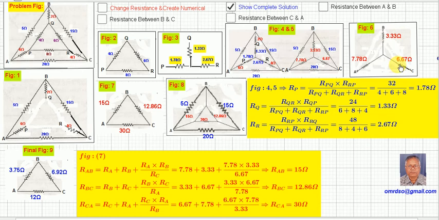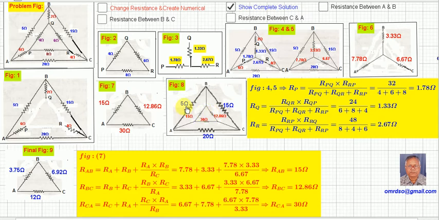Now taking this into consideration, I have found the resistance between AB, that is RAB. I have used the formula which is used to convert star into delta, and got this result. Now putting this delta in the final figure, I got this one.